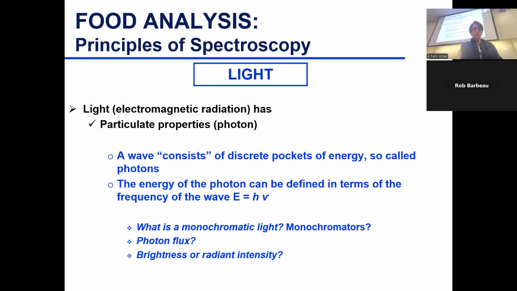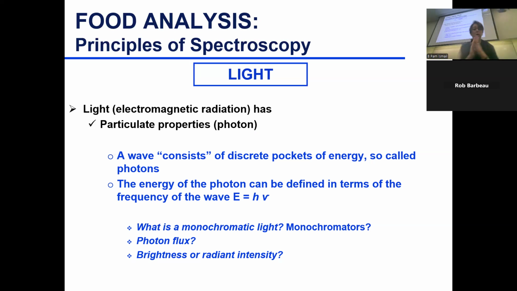Okay. So the wave is made up of pockets of energy, discrete pockets of energy, not a continuous scale, and we'll talk about that in a little bit. We call them photons. These pockets of energy that travel, they call them photons.